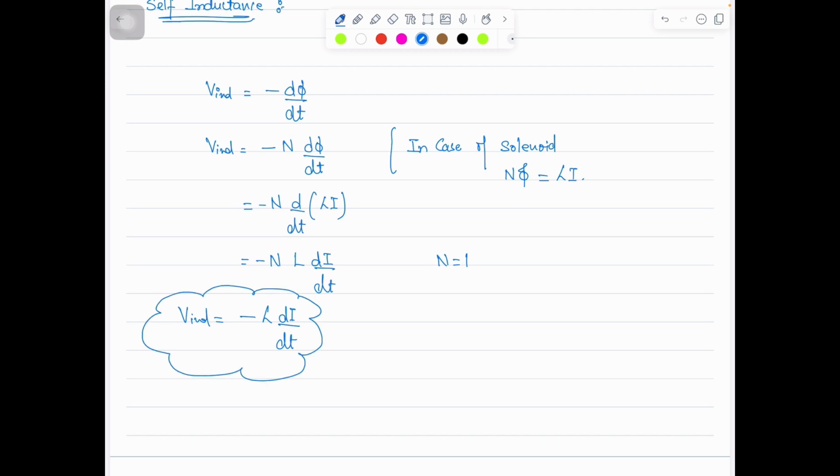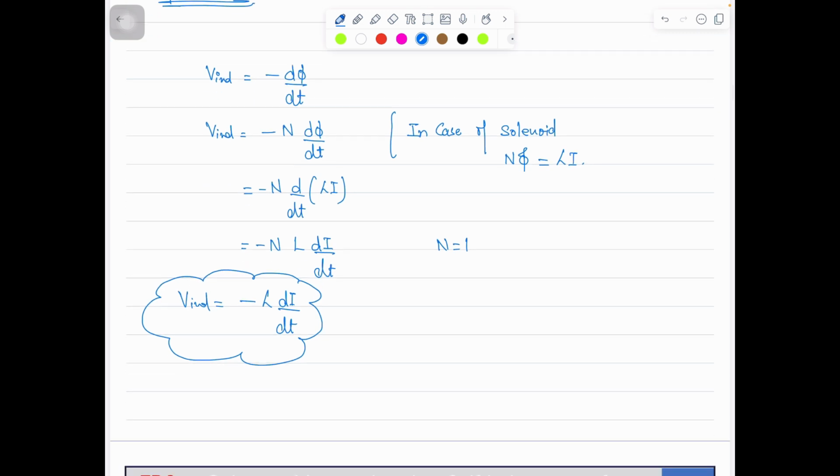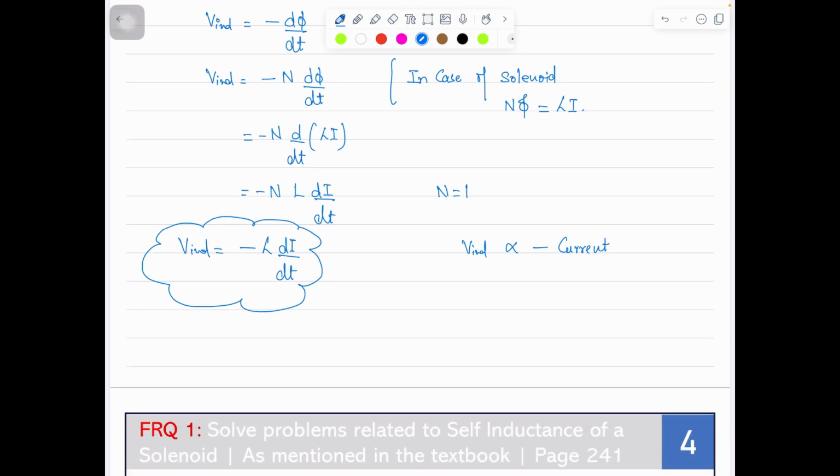Now we need to understand what is self-inductance, what we are understanding from all this equation. V induced is directly proportional to negative current. Yes or no? What is the meaning of this? Let's say current I is 10. Then what should be the value of V?